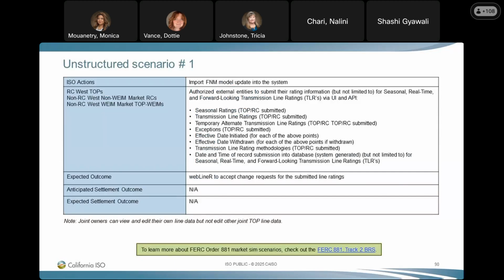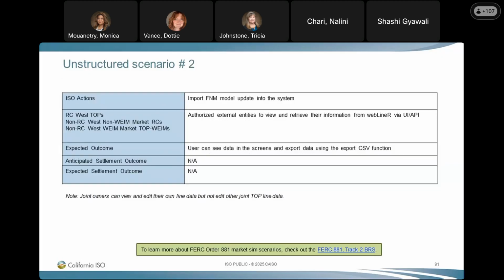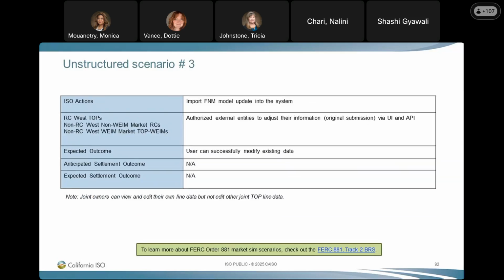Here is where we want you to test the ability to submit. For those that have the right access, we want you to go in and submit the changes within the application. We also want you to be able to view and retrieve information, so use the export feature via the UI. API will be later on, but for now, for the UI, we also want you to be able to modify your information.